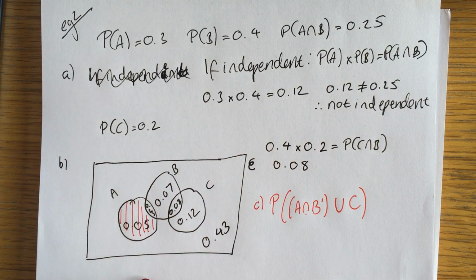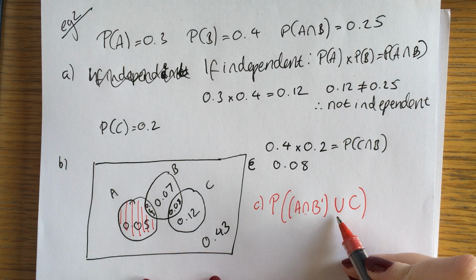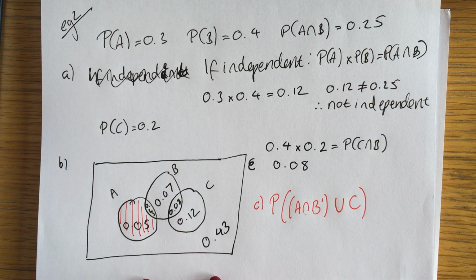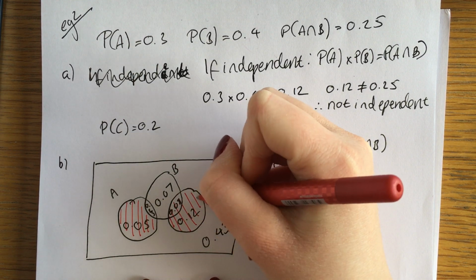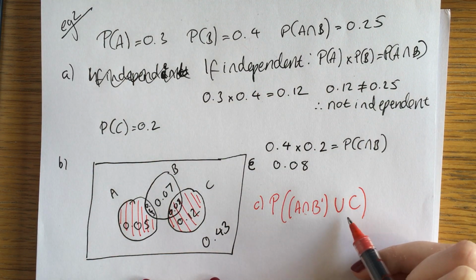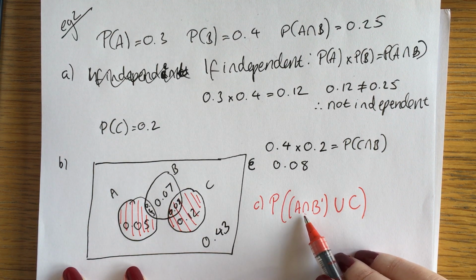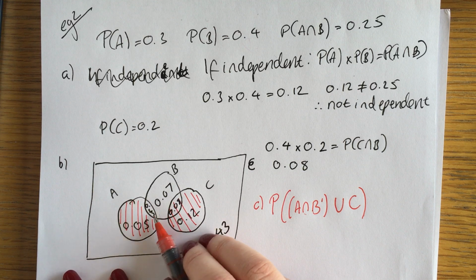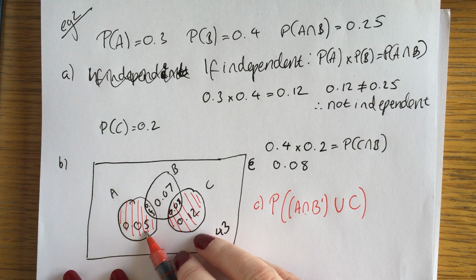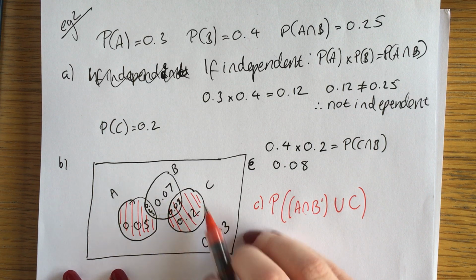So that means we're looking at that section there. Or C happens. So that means we're looking at all of C. So this is separate to this. So A and not B, which means that we're looking within A, but only in the section where B doesn't happen. Or C could happen.